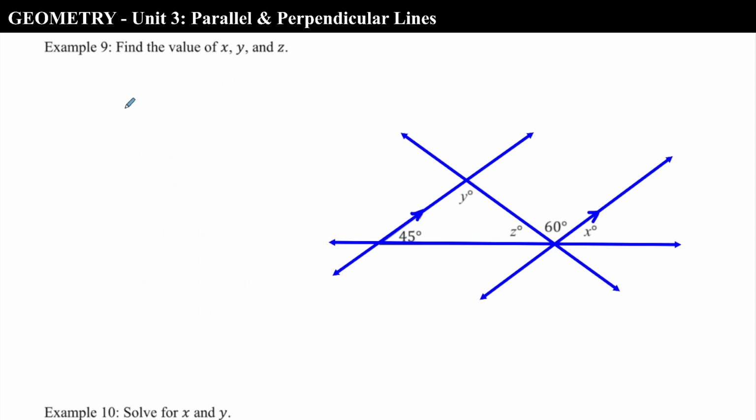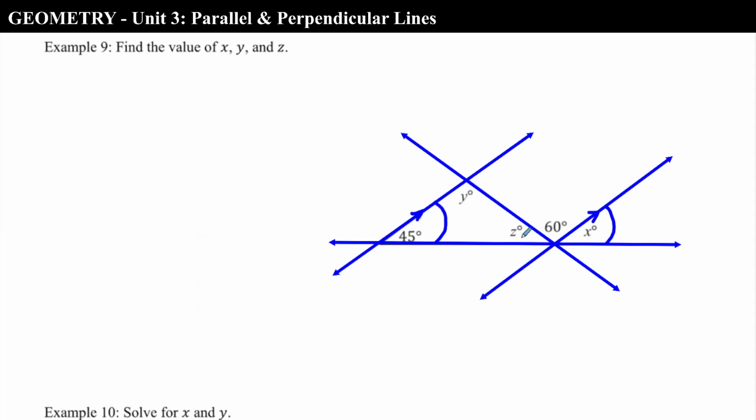So let's start off by finding x. Well, x is right here. Let's use this as our transversal. Ignore this line for a moment. Let's just look at the one going horizontal as our transversal. Well, we have an angle right here. We also have an angle right here.